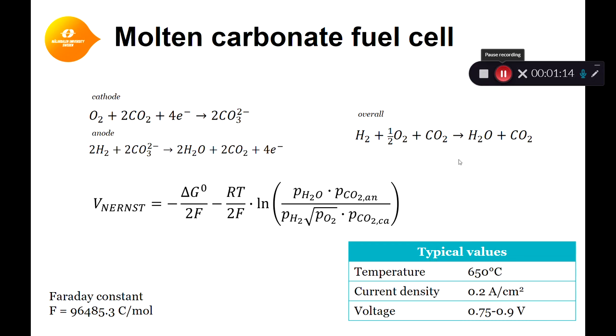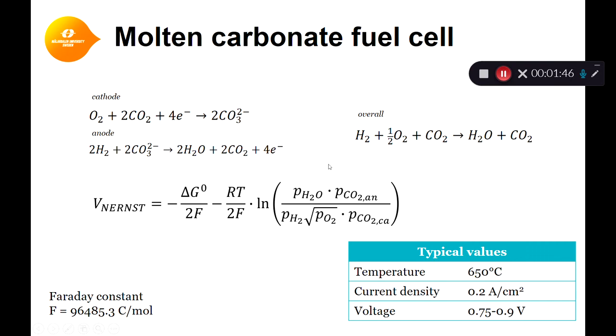For molten carbonate fuel cell, the overall reaction occurs between hydrogen, oxygen, and carbon dioxide, which is necessary, if you remember, to produce a carbonate ion that can pass through the electrolyte and go from the cathode side to the anode side to transport the oxygen that can then react with the hydrogen to form water.